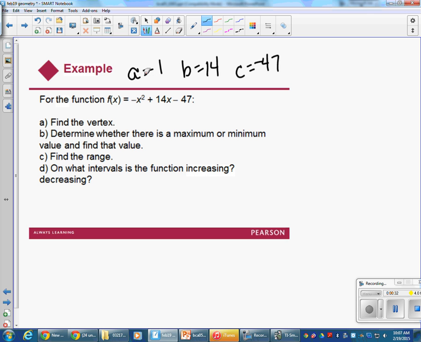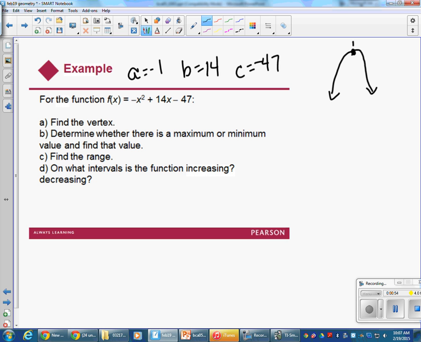If a is a negative number, then your function will open downward. So I don't know what this is going to look like, but I do know that my function will open downward. So it'll be a graph that looks something like an upside down U. So it's going to have a maximum point somewhere, and we're going to find that.